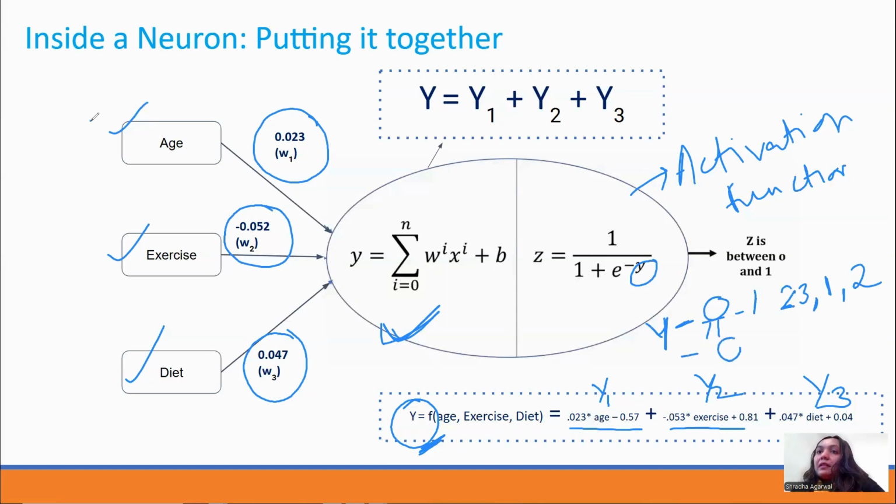Now, the second person who goes in, let's draw the second person here. And I've just given it a little tail. And this second person is 26 years of age. He also does not exercise well, lazy guy. He has a diet that is very, very poor, and he eats junk food like 24 times.